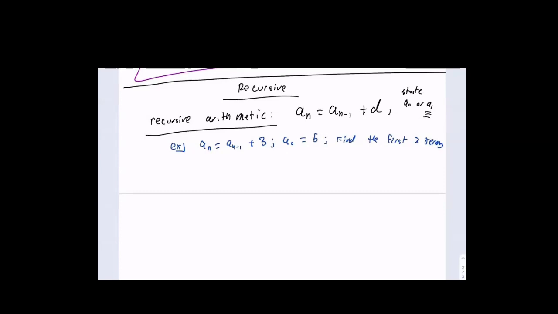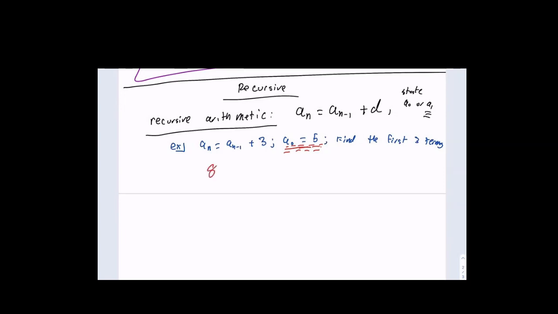So what would be my first term? Would it be 3? No, I'm going to add 3 to the previous term. So here's my previous term. It's not my first term, it's my initial term, or the term given. What was that? It's going to be 8.